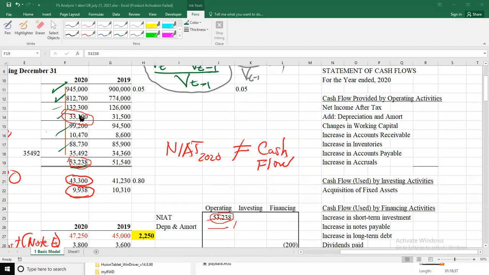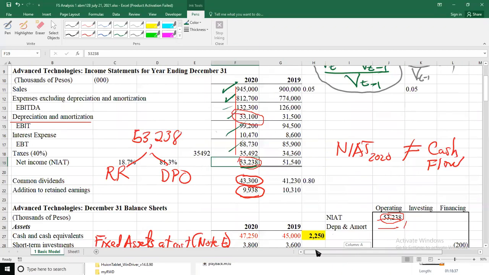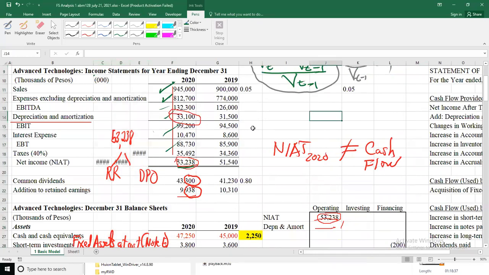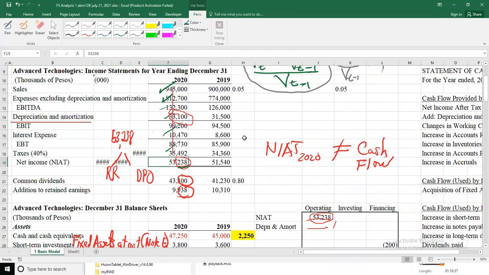Kung may binawas tayo na non-cash, dapat i-add back natin. Ano dito, guys, sa 53,238? Paki-chat na lang.